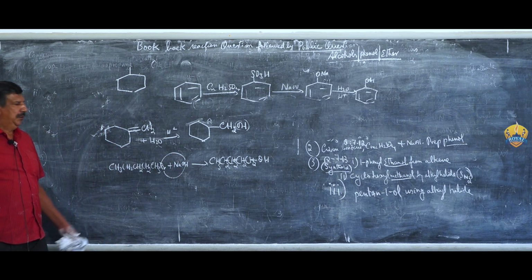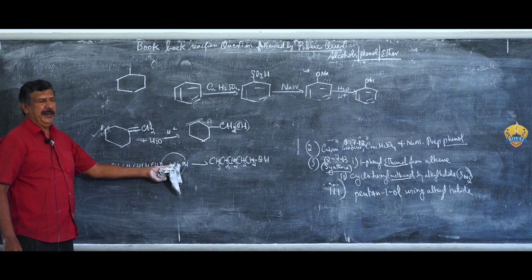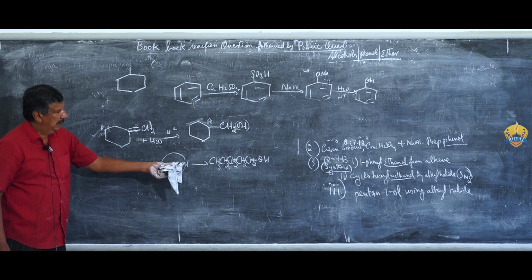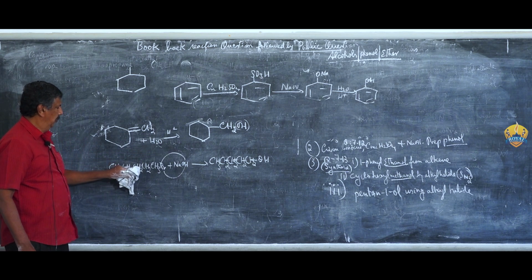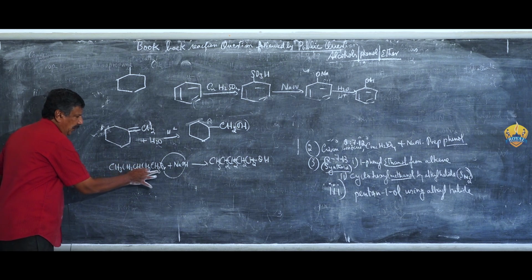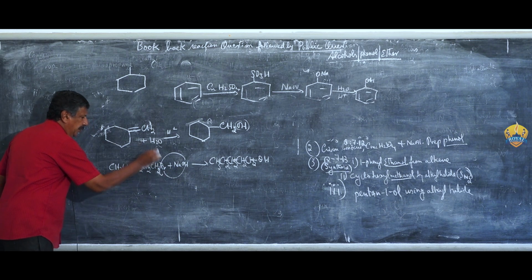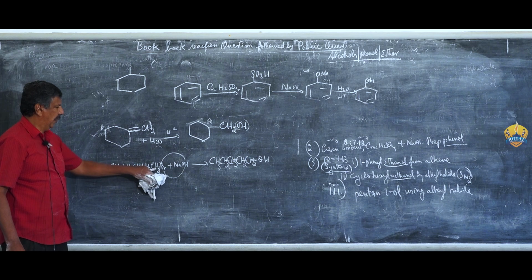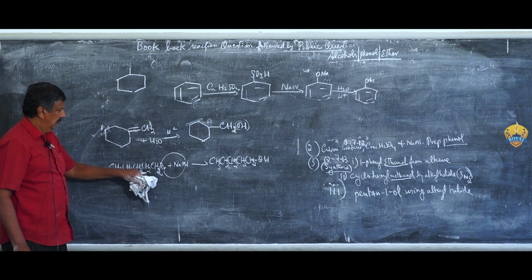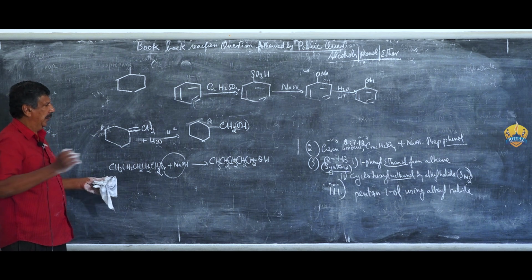You see, this is the reagent used for the preparation of pentan-1-ol using the alkyl halide. 1, 2, 3, 4. I'm sorry, I just made a mistake here. Whenever there is a group, you should write CH2. So 1, 2, 3, 4, 5. So this is 1-bromopentane. So, okay.